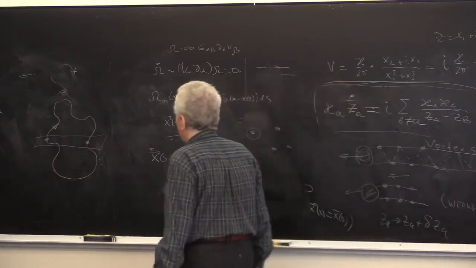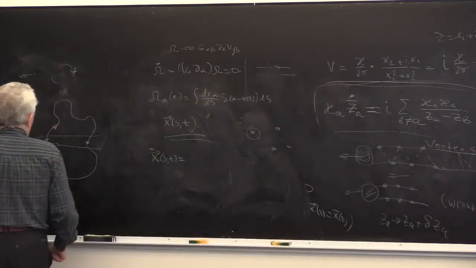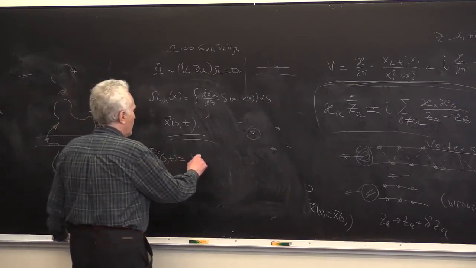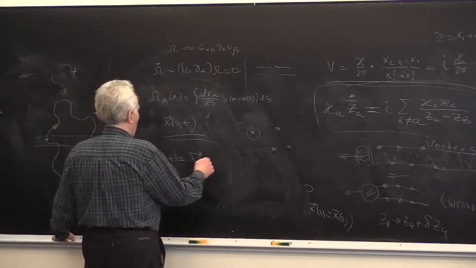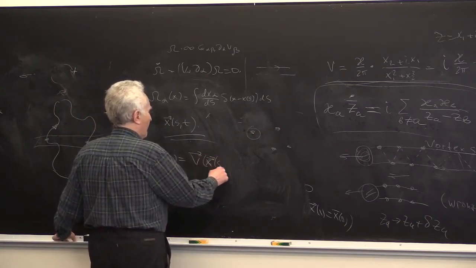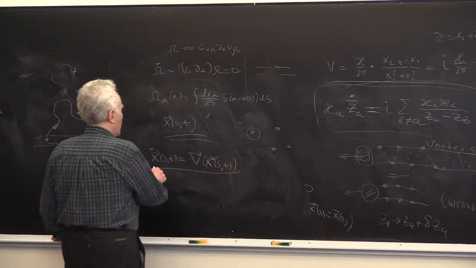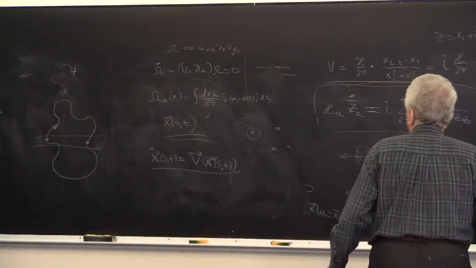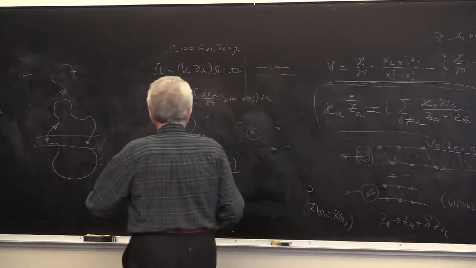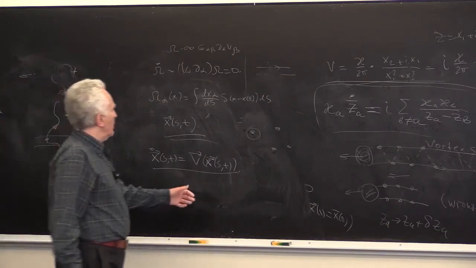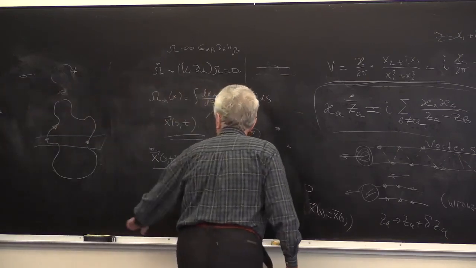So all we have to do now is to find the velocity induced by all others. And that will be the analog of this equation. How to find this velocity? Well, it's not difficult at all.